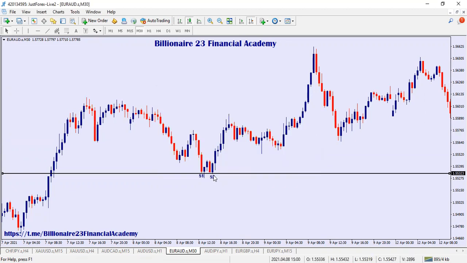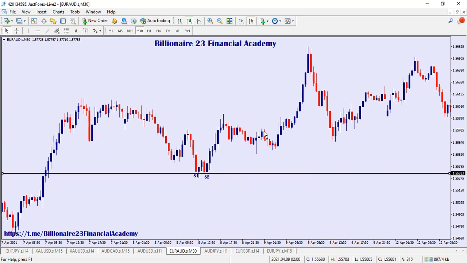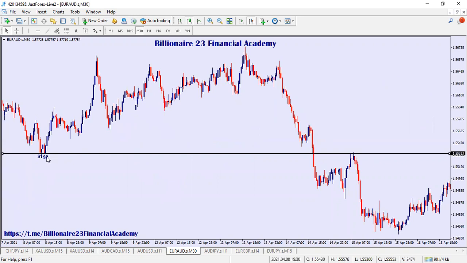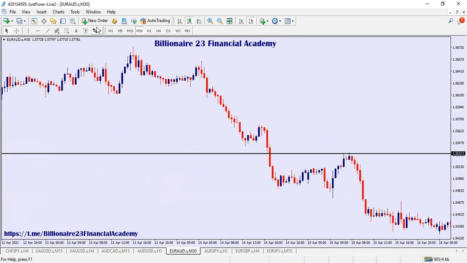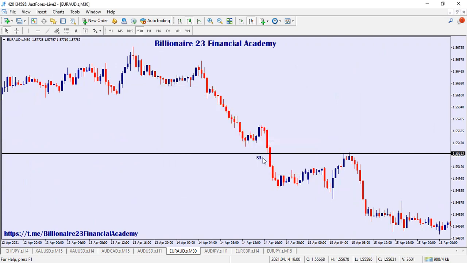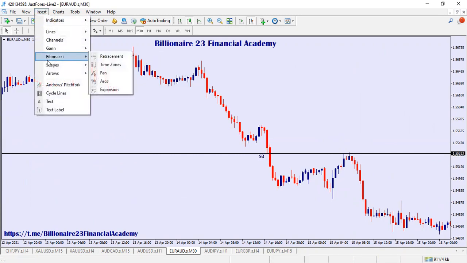Support touch 1, support touch 2. All right, let's just move to the right. We then have support touch 3 all the way over here. And then here's the key.